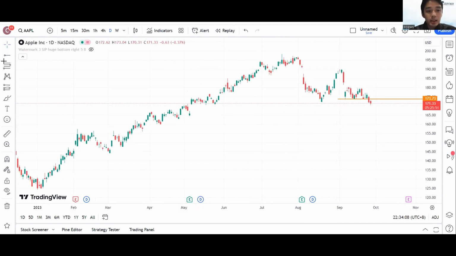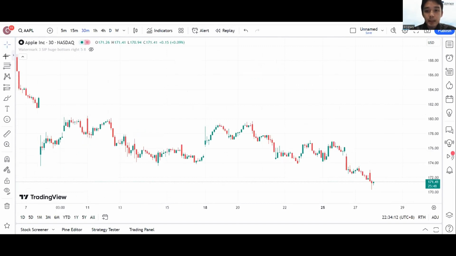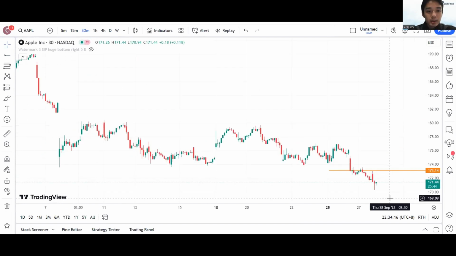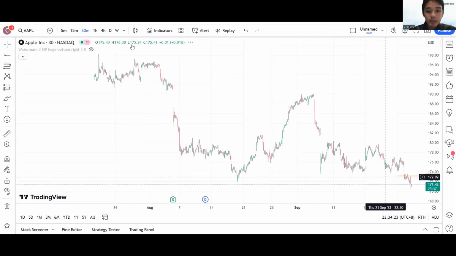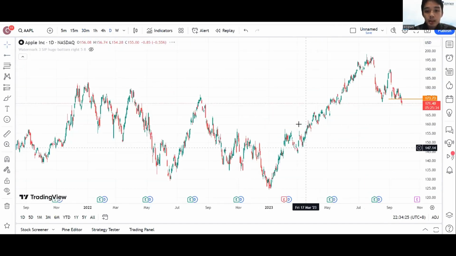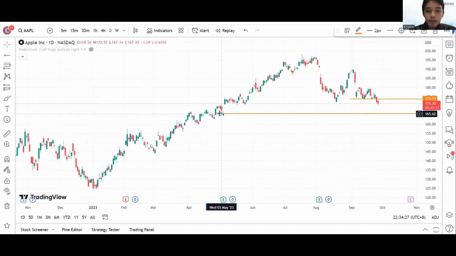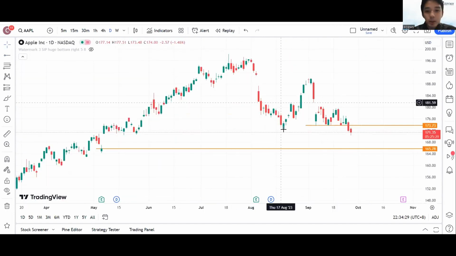Let us take a look at the 30 minute chart. Once again, my support level at 173 is down. My next level is actually 165. That's probably where I'll pick up. But once again, downward trend.